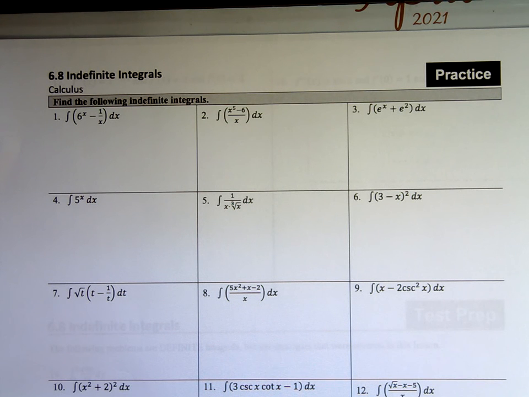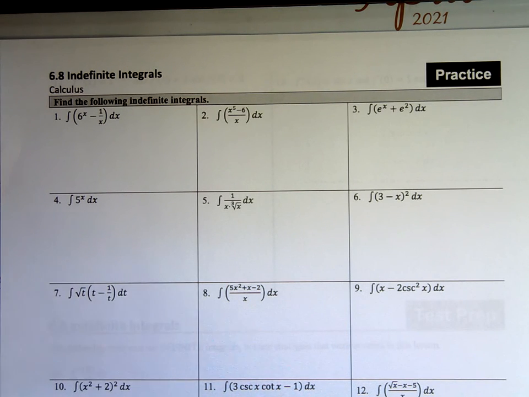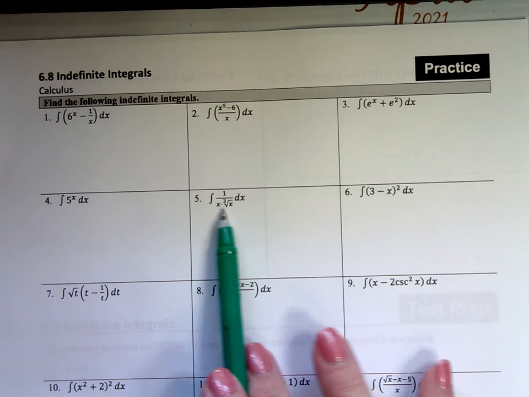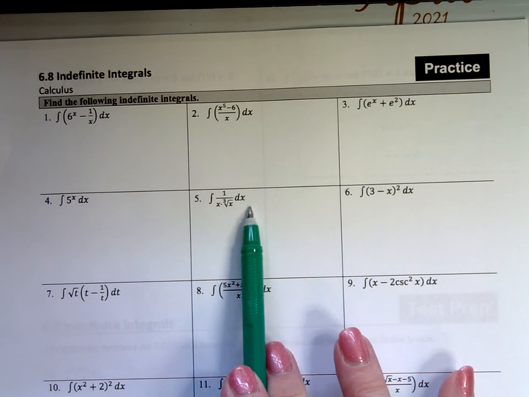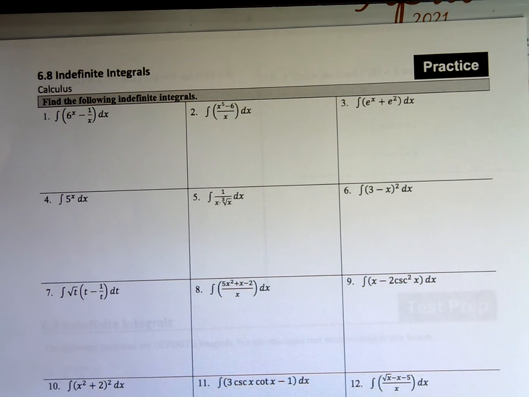As I look through this, like this one here, t to the 1/2, you're going to distribute that just like we did in that very last problem. This one you're going to divide everybody by x, just like we did previously. So, this one here is going to be multiply these together, x to the 1st, x to the 1/3. All right, so you've got to manipulate them algebraically a little bit before you even try finding your capital F of x, the antiderivative. But how about number 6?